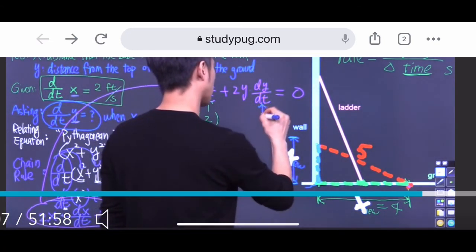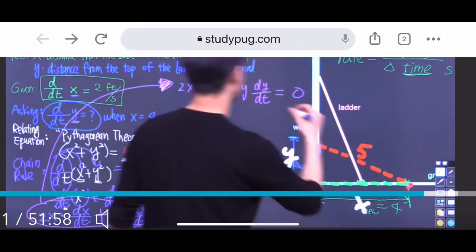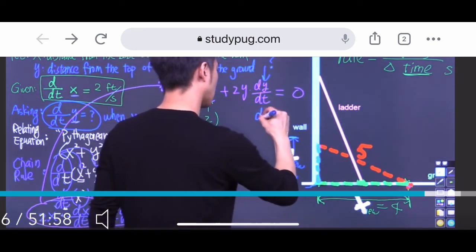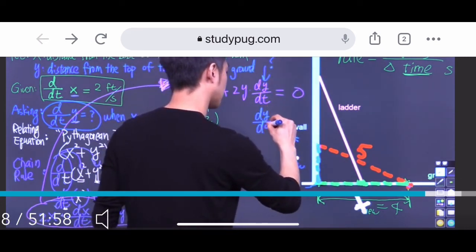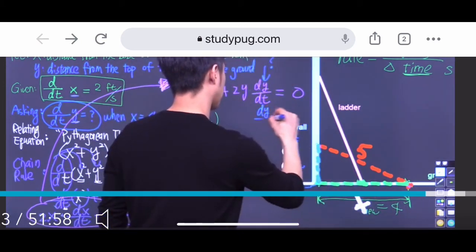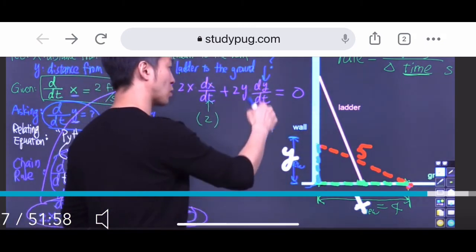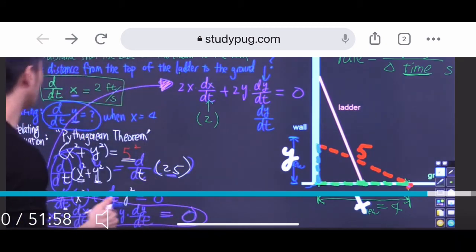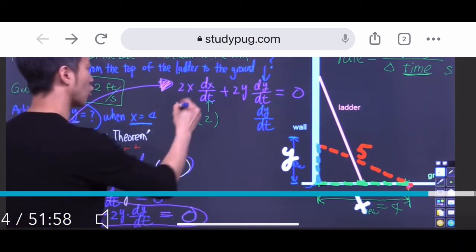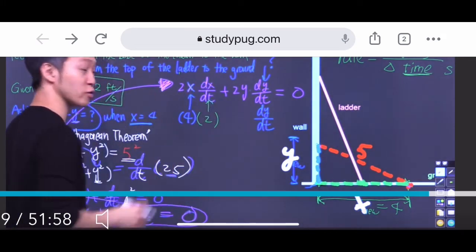This is the guy we're trying to look for, dy dt. But we want to solve for dy dt the moment when x is equal to 4.